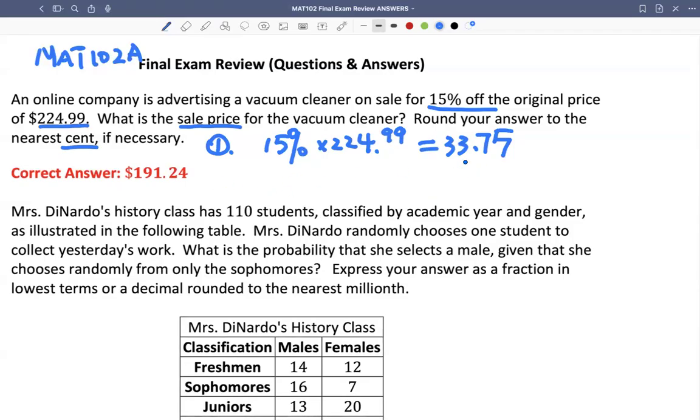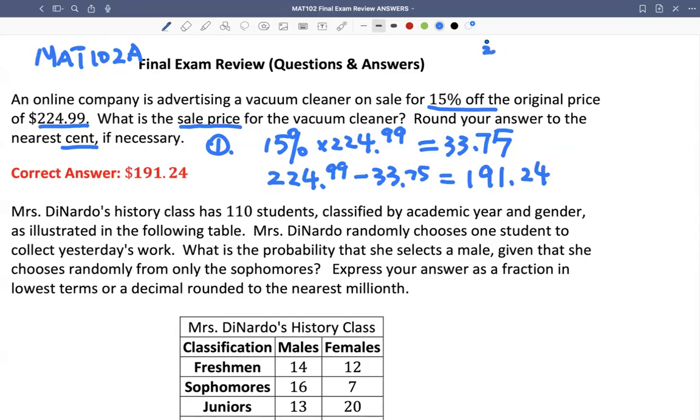So this is how much money is off, the discount amount. Then we subtract it from the total price: $224.99 minus $33.75. So we should get $191.24. So this is one way of doing it.